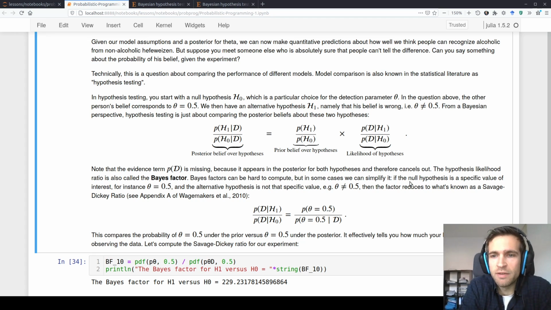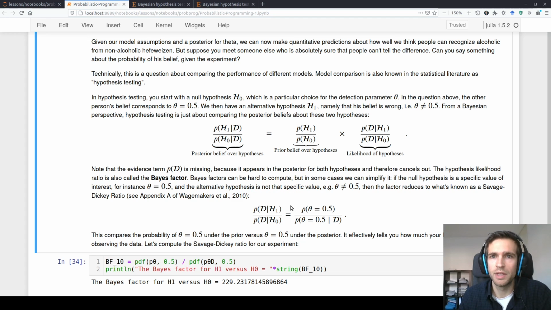In this case, we have a very specific value for the null hypothesis, namely theta is 0.5, and the alternative hypothesis is that theta is not that value, 0.5. So then this ratio of likelihoods, which is also called the Bayes factor, reduces to what's known as a Savage-Dickey ratio. I encourage you to look at the appendix of this reference to get a bit more information on the derivation of the Savage-Dickey ratio.